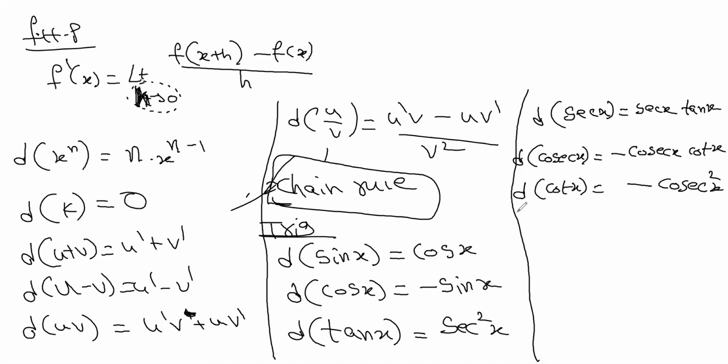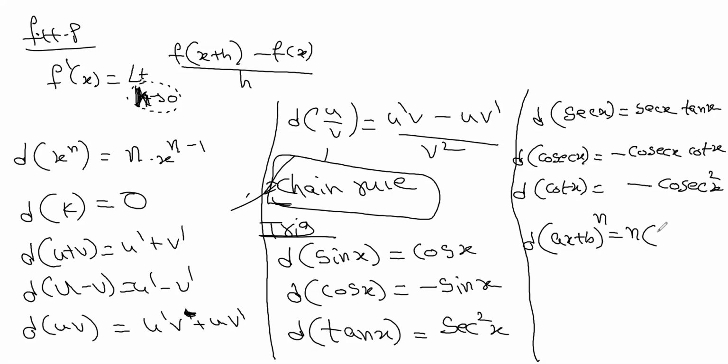Next, let us suppose, what is the differentiation of ax plus b to the power n? That'll be a into n into x raised to power n minus 1.